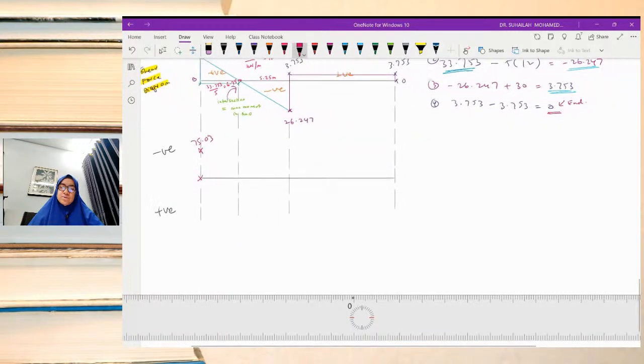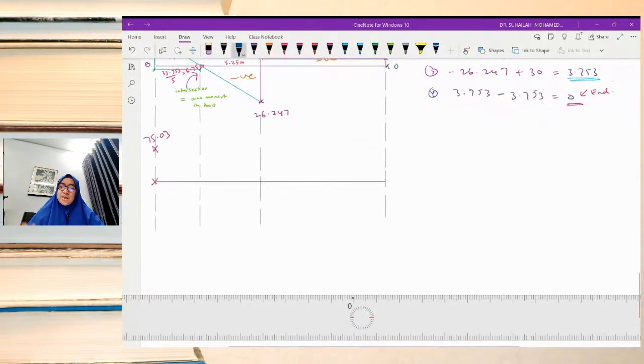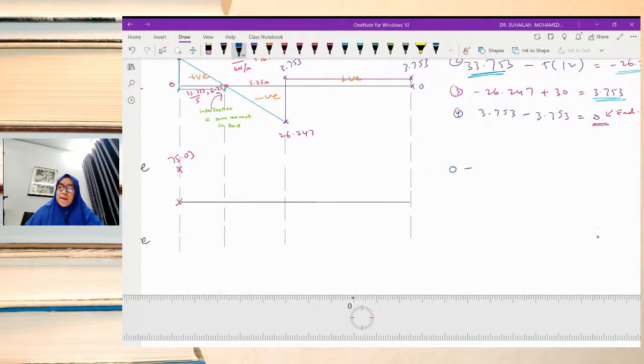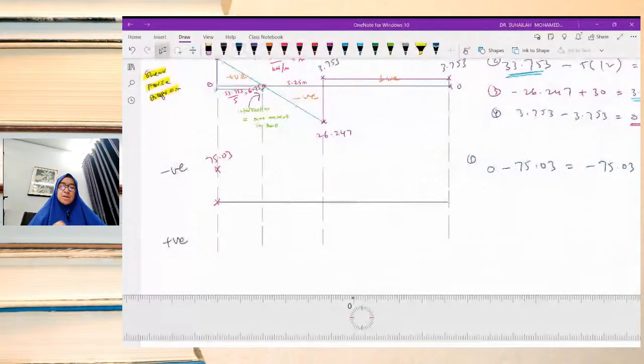So it is 0, we minus by 75.03, so we get negative 75.03. Now we don't have to follow the sign convention for stiffness because this is the general one. Draw the bending moment diagram when we have all reactions in the diagram. So it is 0 minus 75.03, we get negative. So negative we put here.